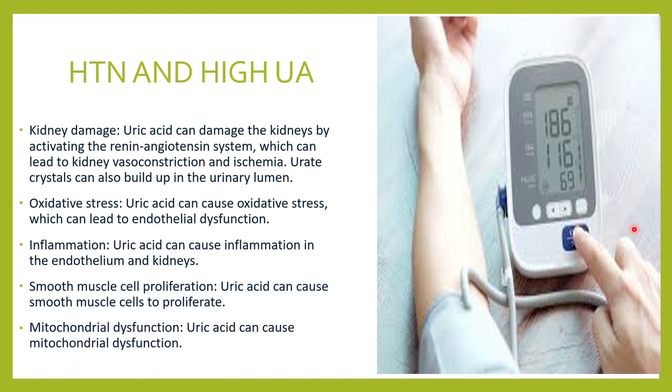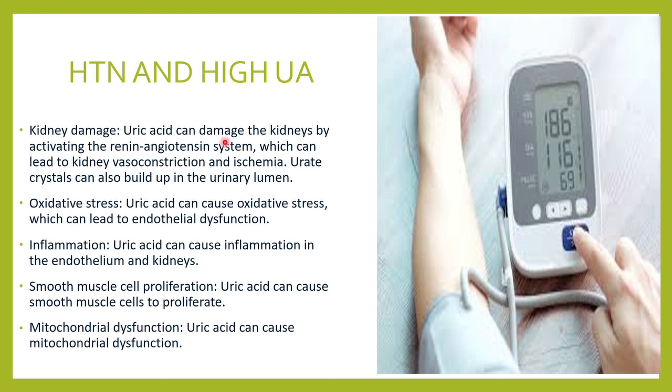The uric acid can damage the kidney by activating the renin-angiotensin system, which can lead to renal blood vessel constriction, and this can increase the blood pressure. It also causes oxidative stress by causing endothelial dysfunction. It causes inflammation in the endothelium of the kidney. It causes smooth muscle proliferation and also causes mitochondrial dysfunction.